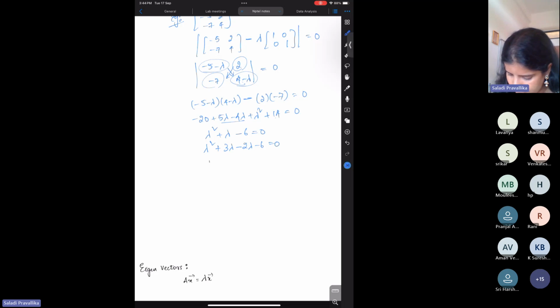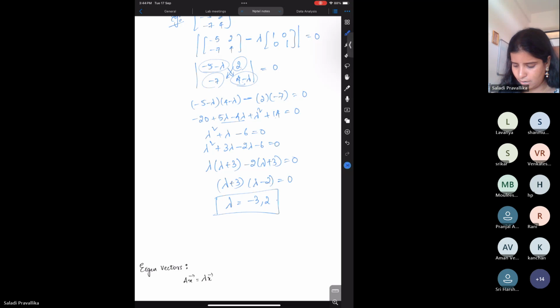Right? So if I take lambda common here, it is lambda plus 3, minus 2 common here, lambda plus 3 equal to 0. So lambda plus 3 into lambda minus 2 is equal to 0. Right? So lambda values are minus 3 comma 2. So these are my eigenvalues.